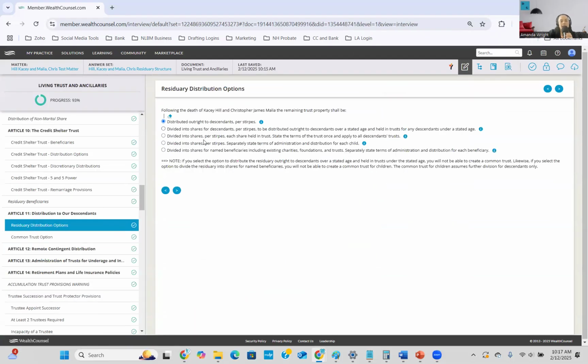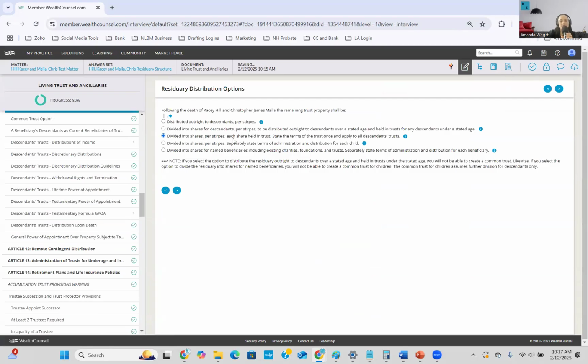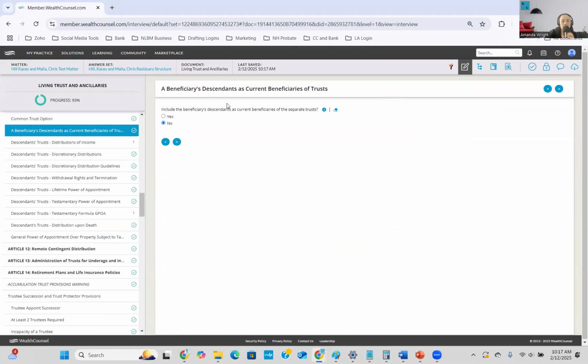All right, then divided into shares, each share held in trust. And this is if all the beneficiaries were receiving the same trust. So everyone's getting a general needs trust. Everyone's getting an LAPT. So remember when I said in these kind of trusts, when we look at the triangle here, maybe the beneficiary is Wyatt, Celia, and Cypher, but maybe the beneficiary is also their descendants.